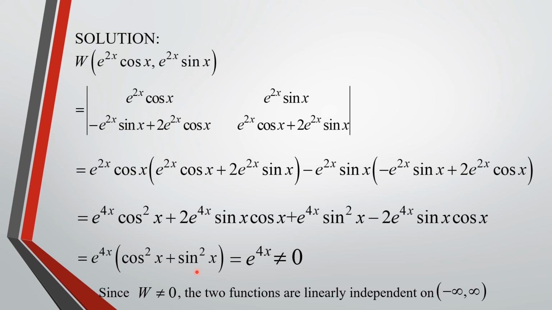But by trigonometric identity, cos square x plus sine square x is equal to 1. So 1 multiplied by e to the 4x is e to the 4x, and we know that the exponential function e to the 4x will never be 0. So since W is not 0, by the theorem, we conclude that the two functions are linearly independent on minus infinity to infinity.